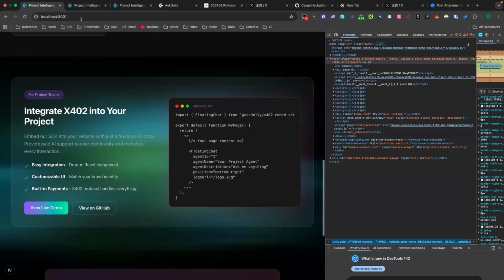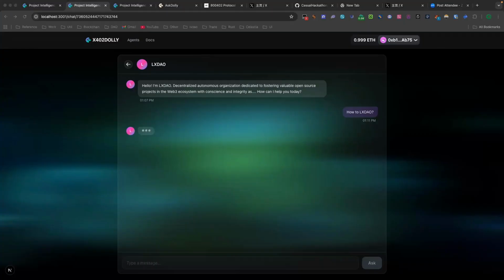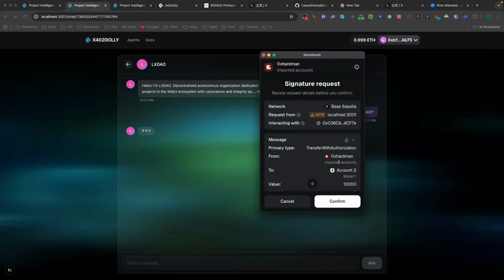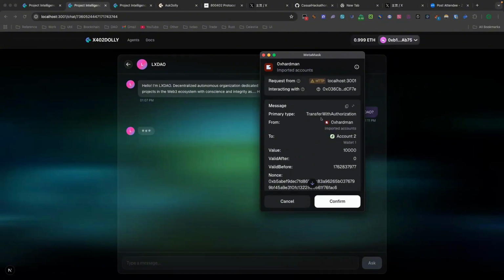And now let me demo the talk. For example, we can ask how to join LXDAO. It will take this EIP, this transfer with acceleration.